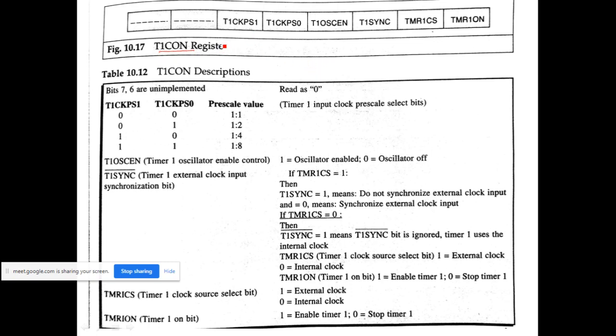Here there are two bits, timer 1 clock prescaler 1 and timer 1 clock prescaler 0. These two bits decide the prescale. Either the input frequency is passed as it is, or it can be at the most divided by a factor of 8.